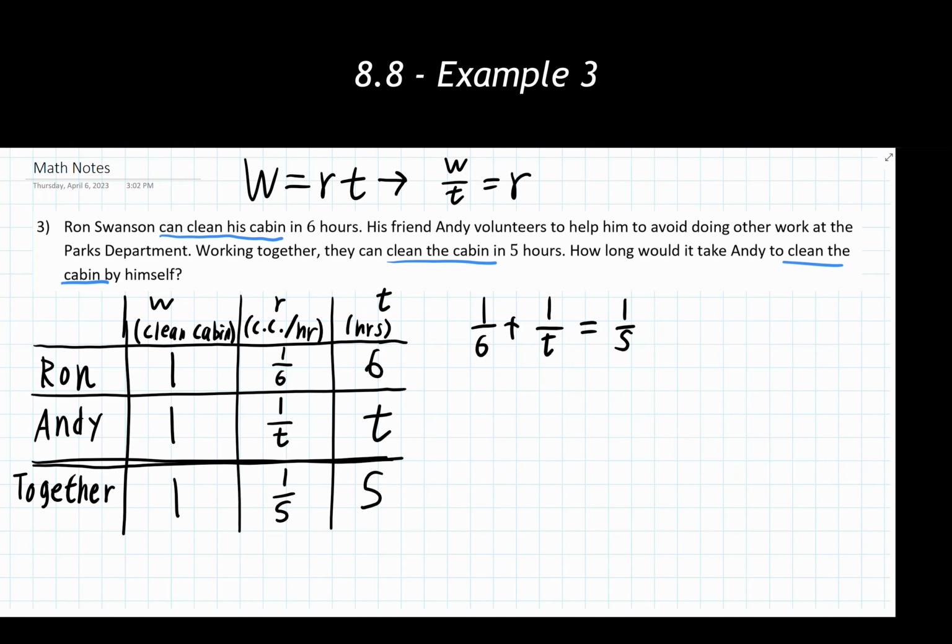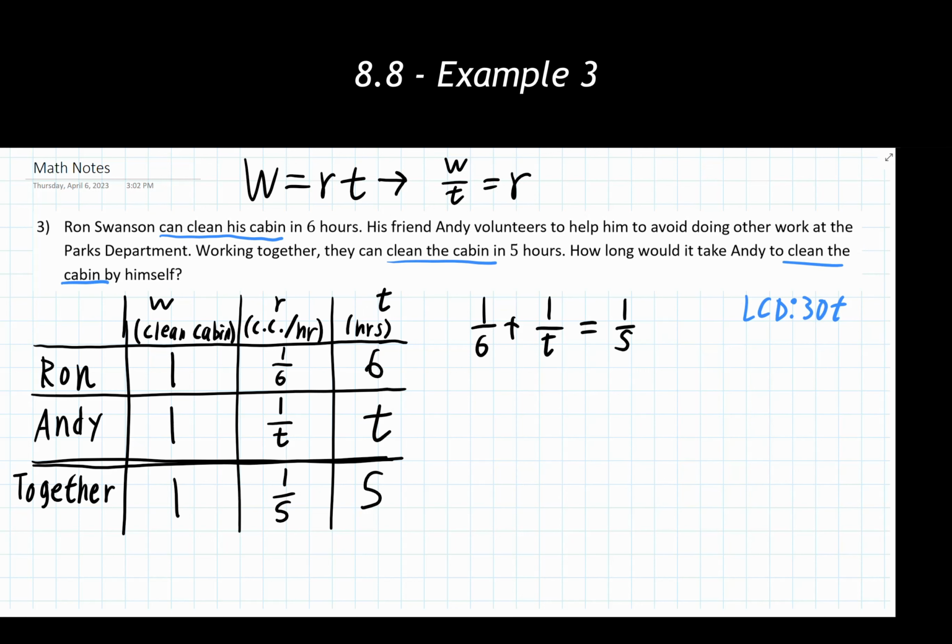Now that we have our equation, we can solve this using all of our previously learned methods. I have fractions showing up, so I want to get rid of those. I need to find the lowest common denominator between everything here, and that's going to be 30t.